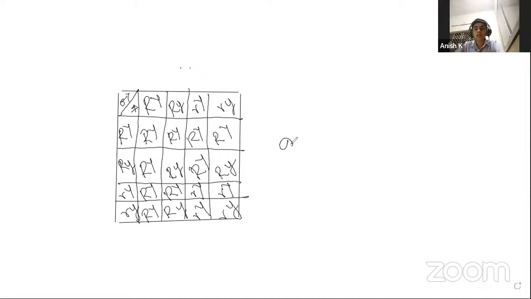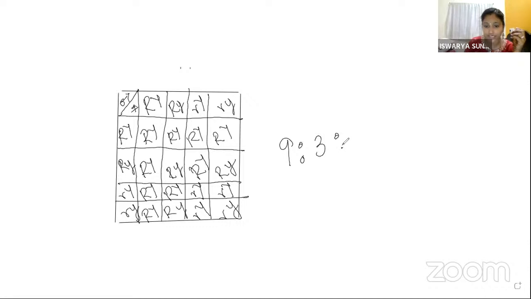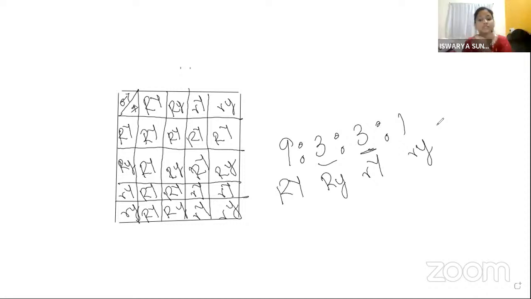So this will come in the ratio 9:3:3:1. 9 will be round yellow, and these three are new combinations. What are they? Round green, wrinkled yellow, and this is as usual the pure breed but recessive, wrinkled green. So this is how we conclude with the Punnett square. This is possible with the Punnett square because the other one is a little complicated.